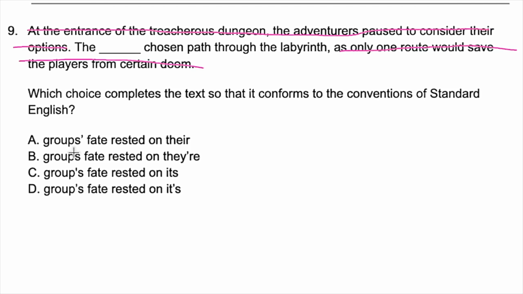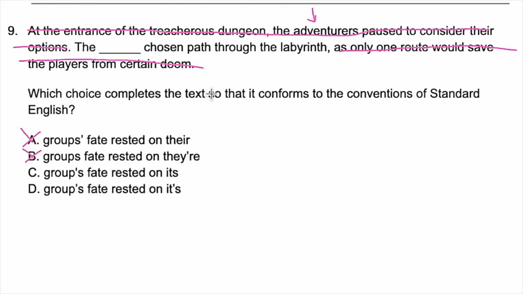Does the fate belong to the group or the groups? Yes, so it's going to be possessive, so definitely not B. And do we have more than one group? Well, it says the adventurers. We can infer that the adventurers are in this one group together. So it's going to be singular possessive, so we'll get rid of A. And then it looks like we're dealing with its, which might throw some of you off because if you think of a group, it has more than one person in it, right?